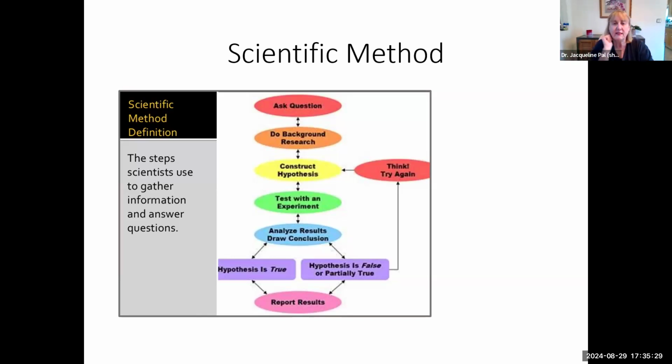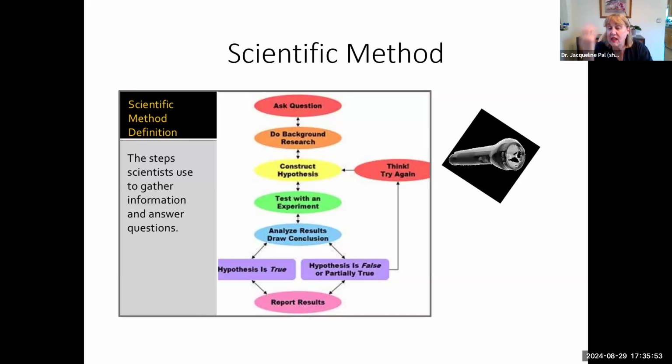So a classic example of an experiment would be, for instance, if a flashlight doesn't work, you would do some research about how flashlights work, and your hypothesis would be that the battery is dead. There is no energy source. And so your experiment would be to change the battery of this flashlight.